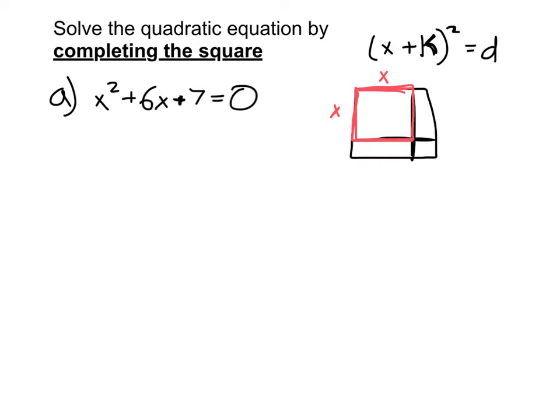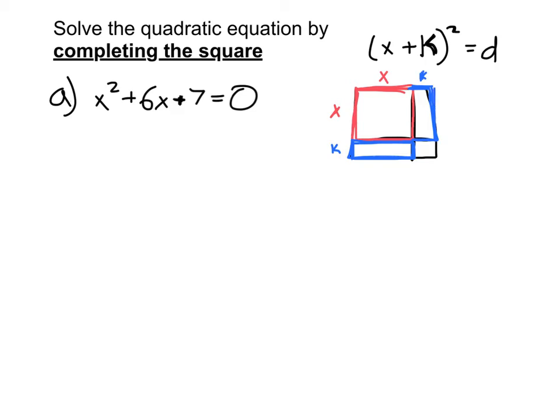Then we have this little piece here, and that's k. This little rectangle would be x times k. That would be the area of that rectangle, and then again here, this is also k. So the area of this rectangle would also be k times x.